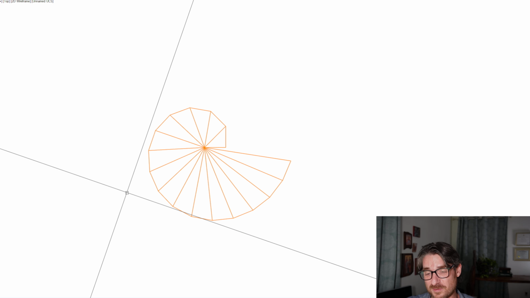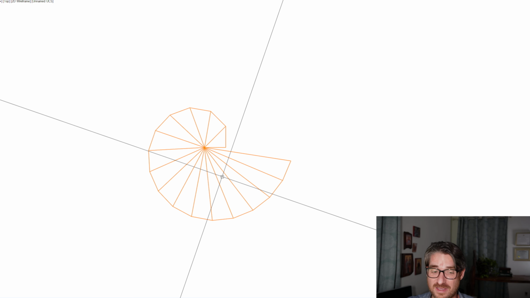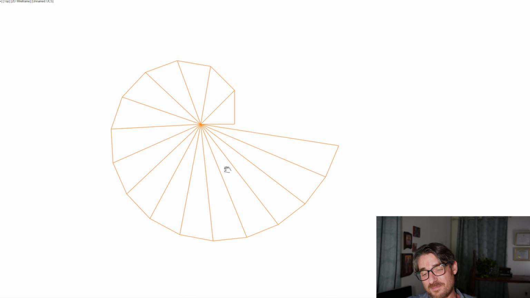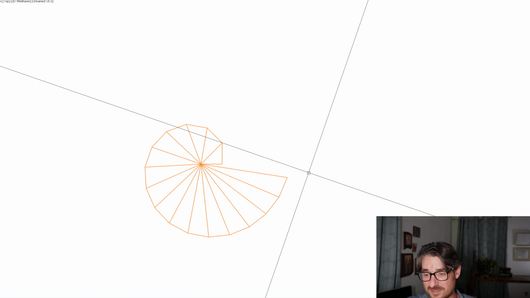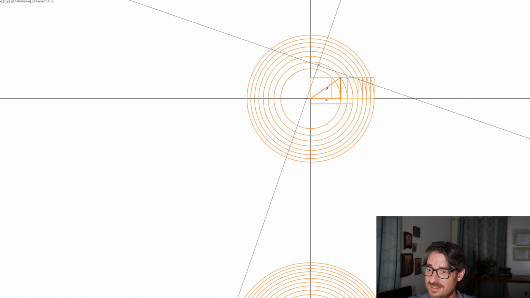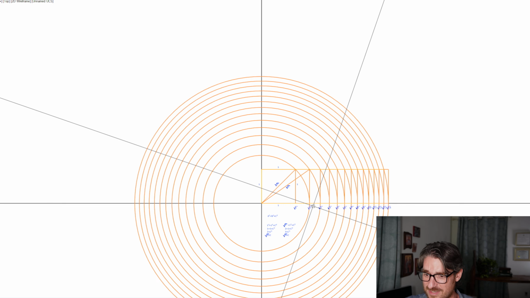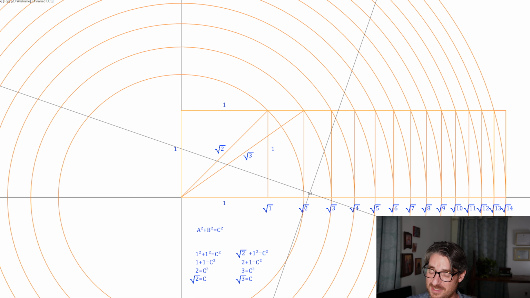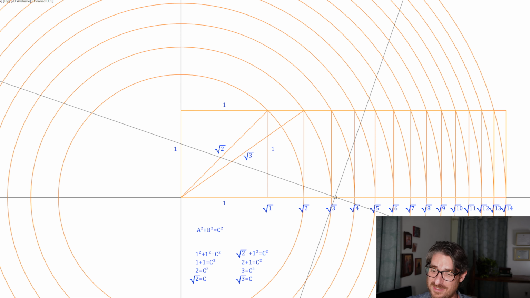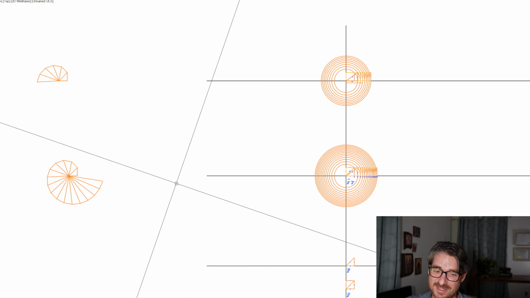Just with, of course, the cheat of having drafting software. So I love the comparison here that this is creating the spiral versus the more rectangular version that goes out here, but it is generating these same distances.